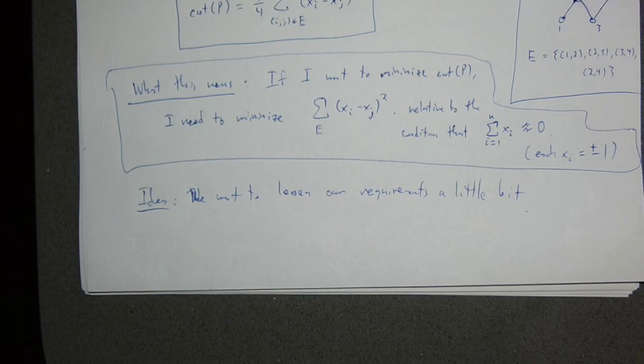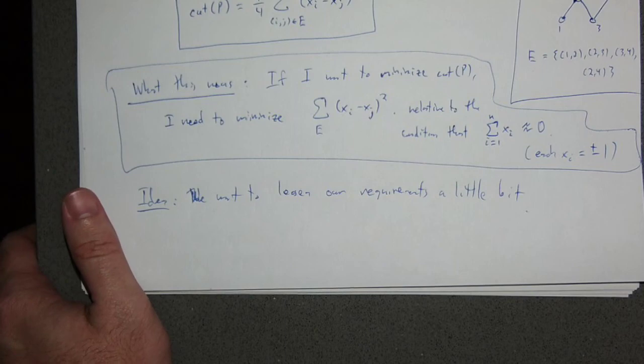The old goal is what I just wrote down: choose a vector x that minimizes that sum with the conditions that the sum of the x sub i's is approximately 0 and the x sub i's are all plus or minus 1. The new goal is to choose a vector x that minimizes that same sum with the conditions that they sum to exactly 0, so that keeps the size exactly the same, but the sum of the squares of the x sub i's is equal to n. The notes say this is a slightly weaker version of the old goal.